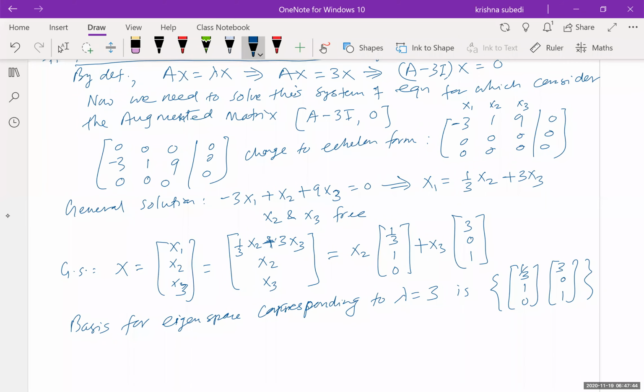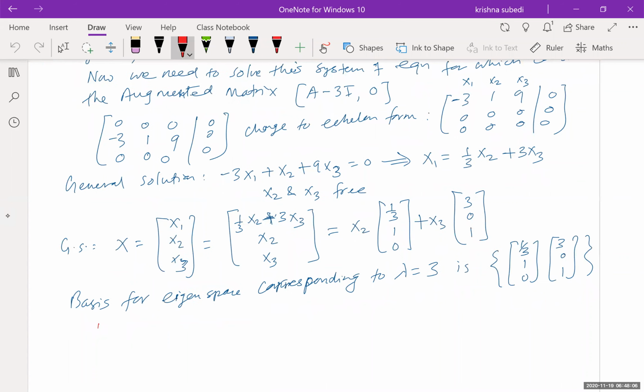These basis vectors determine the geometric multiplicity. In this case, for lambda equals 3, the geometric multiplicity is 2 because there are two basis vectors.